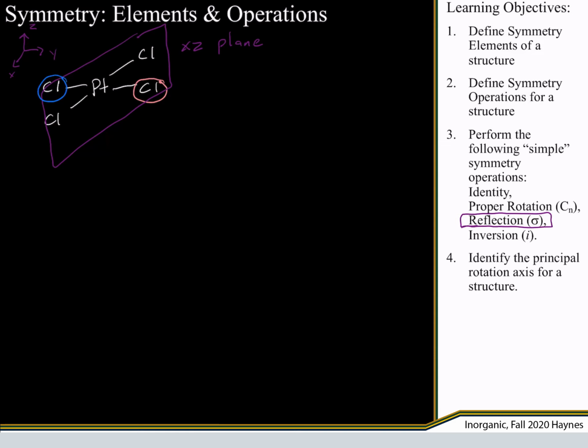When we undergo this reflection, reflections get the label sigma, and we can put a subscript to describe the plane. So this is a reflection along our xz plane.